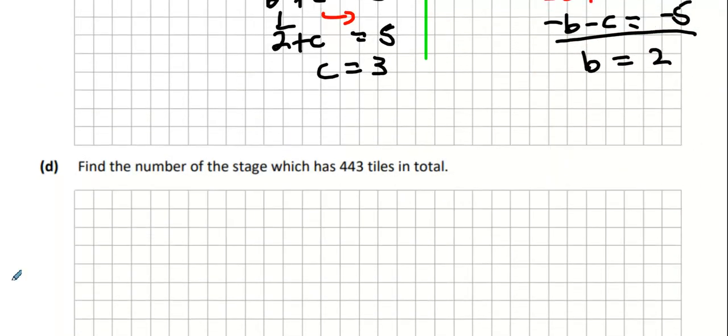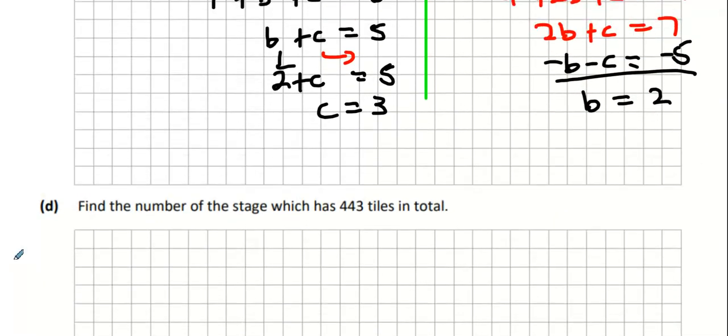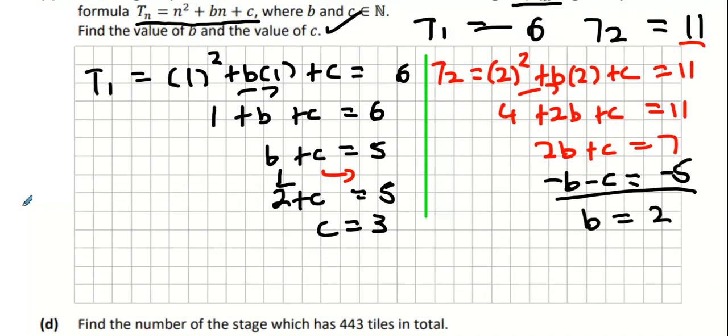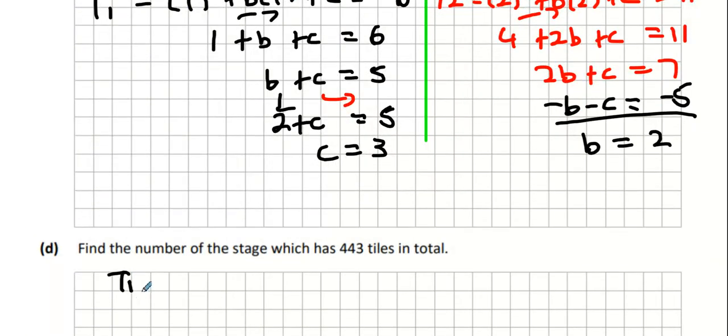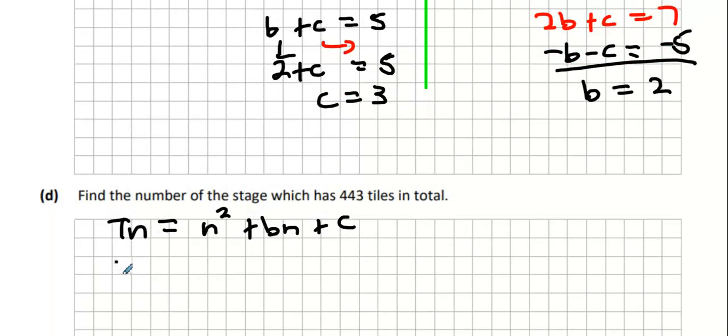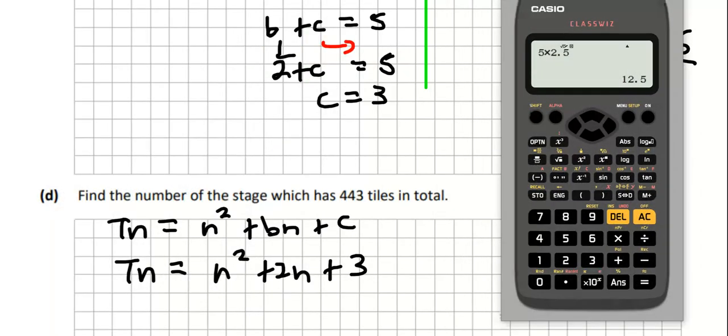Find the number of the stage with 443 tiles in total. So our Tn equation was n squared plus bn plus c. We now know it to be Tn equals n squared plus 2n plus 3. Now I can throw this into the calculator using the table function.